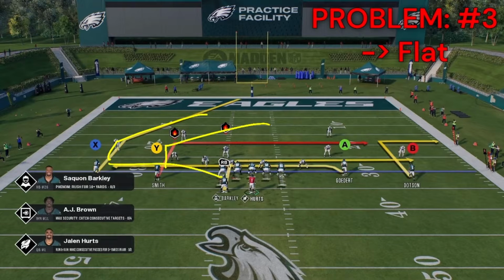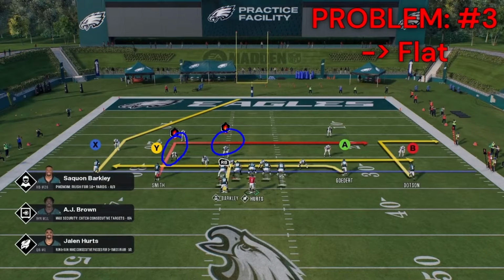And I know that we're doing this to the cover 2 side, or the cover 4 side, excuse me, but just humor me here. The general idea is that the corner would still drive on the flat from the running back, the safety would pick the slant, and then we would get basically a double team between this guy and this guy, right?